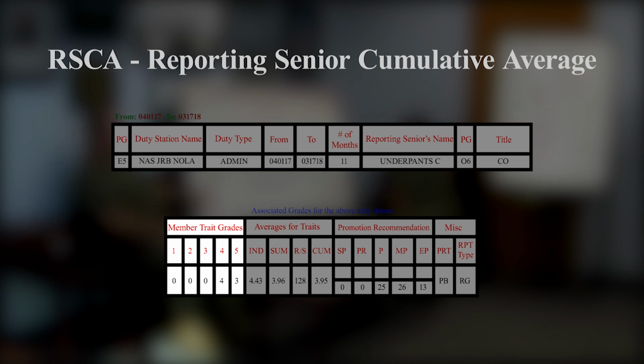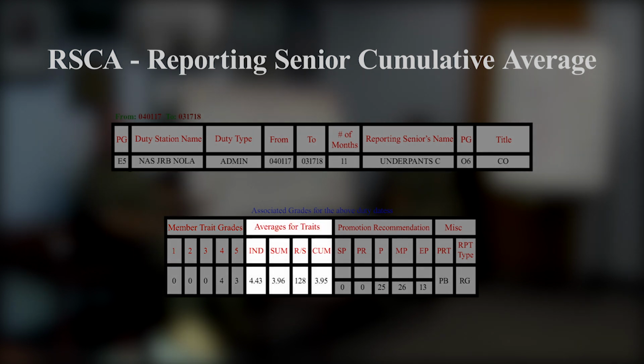This individual had 0 marks in the 1.0 or significant problems, 0 marks in the progressing section, 0 marks for the average. Then we get into above average, so this person had 4.0 marks on their eval, and then they had 3 5.0 marks on the eval.